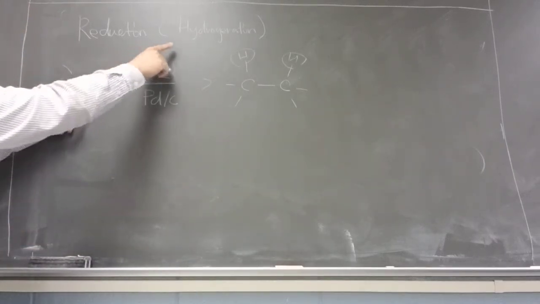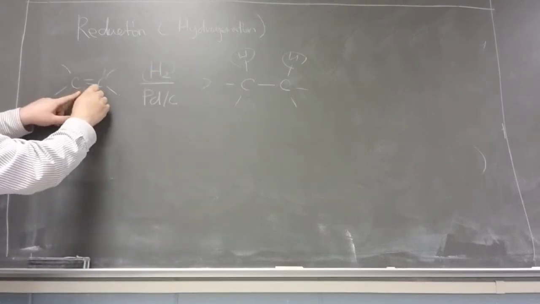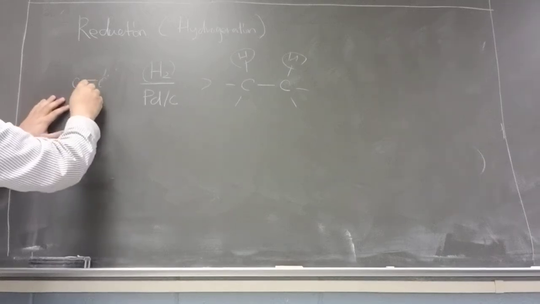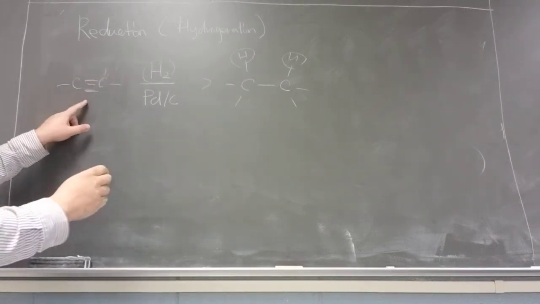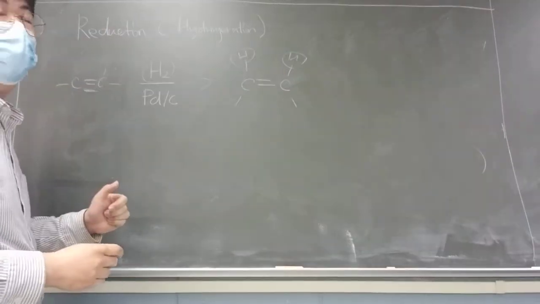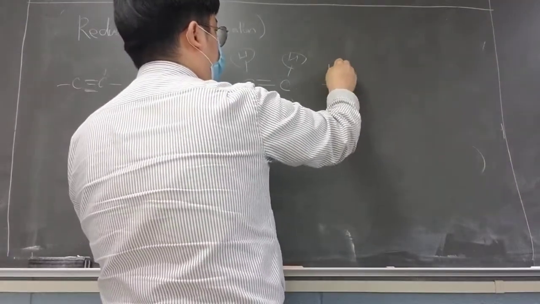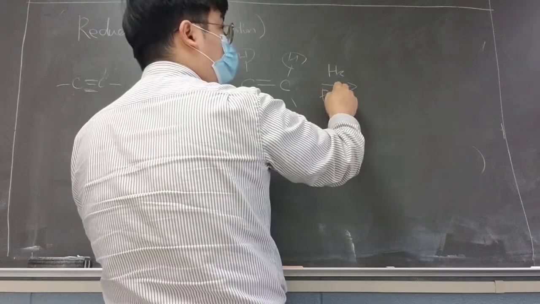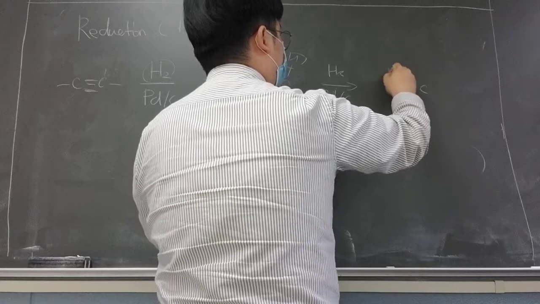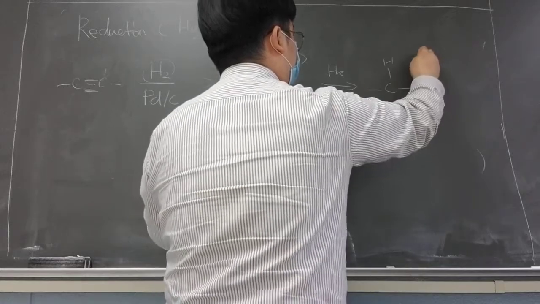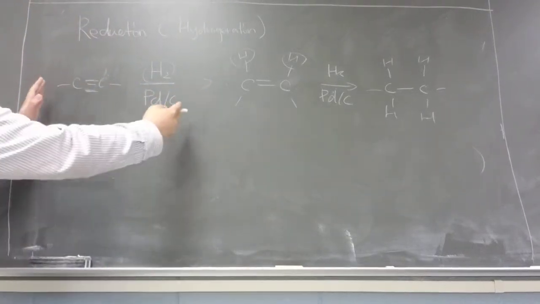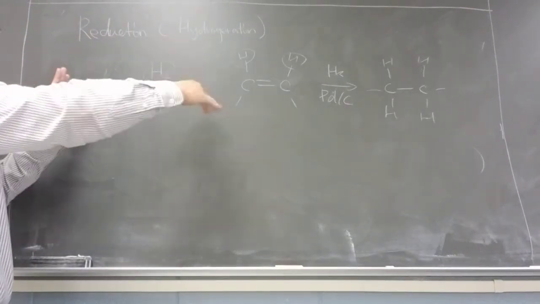Now you're doing the alkyne hydrogenation here, so the triple bond goes to a double bond, and then just do one more. That's it. You just added one more step right here. Just do the same thing.